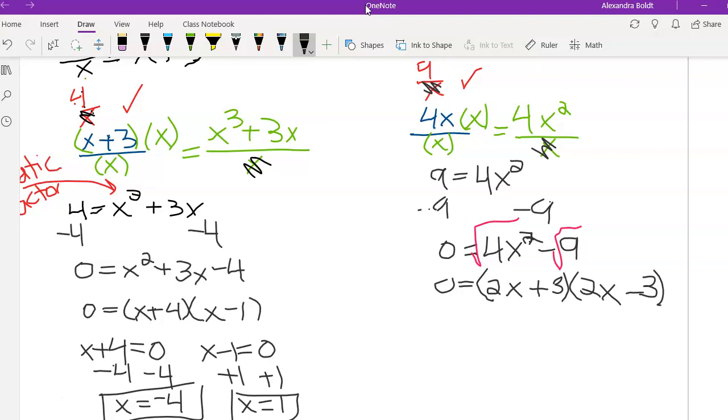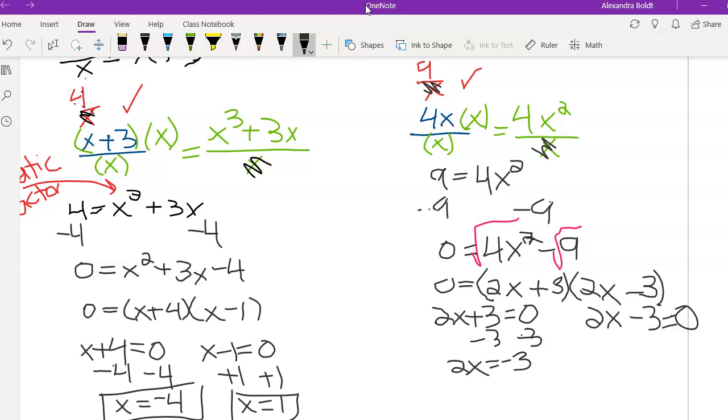One's plus, one's minus, right? So I have 2x plus 3 equals 0, and 2x minus 3 equals 0. I'm going to subtract 3, so we have 2x equals negative 3, and then divide by 2.